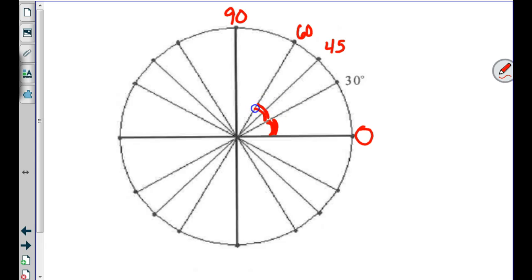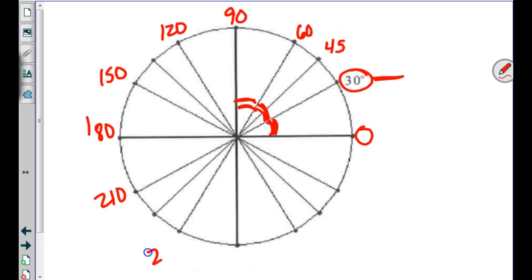This amount of turn is another 30 degrees. This amount of turn is another 30 degrees, right? So if you don't have them memorized already, you could take this 30 and go all the way around. 30, 60, 90, add 30, add 30, and keep adding 30 to get all those, okay?